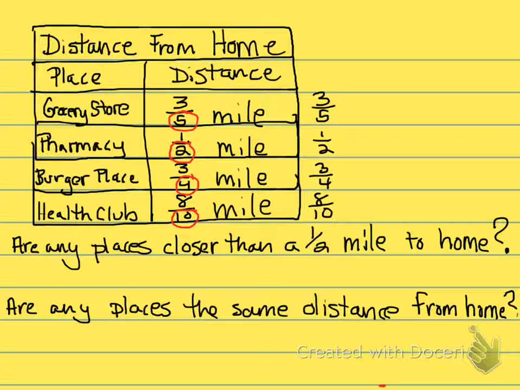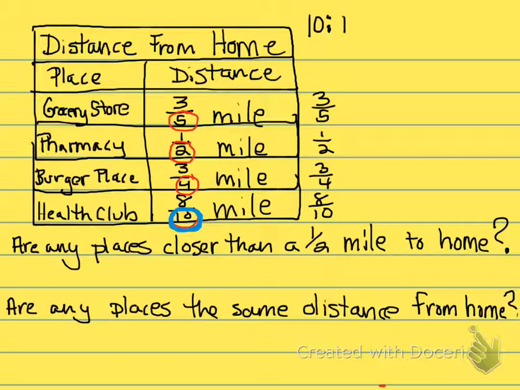A common denominator is a common multiple. So one of the things that I like to do to find a common multiple is to look at the greatest denominator, and I will write out the multiples for that denominator, and each time I write one out, I'll look at the other denominators and see if that is a multiple of the other one.